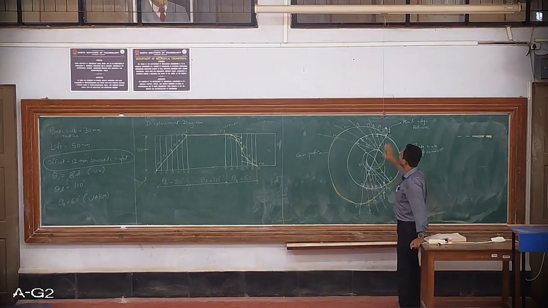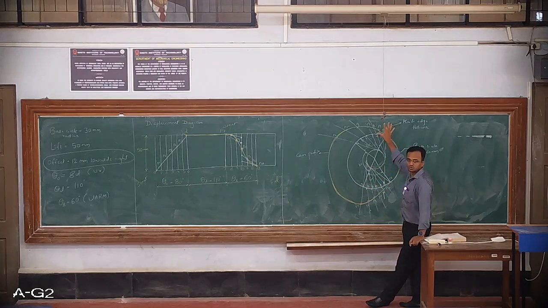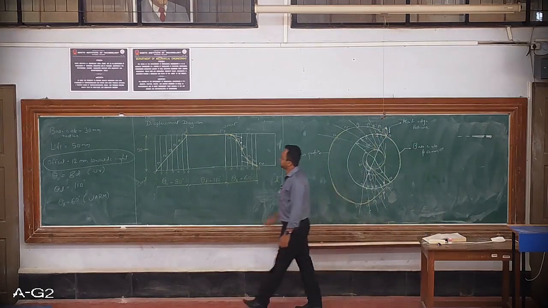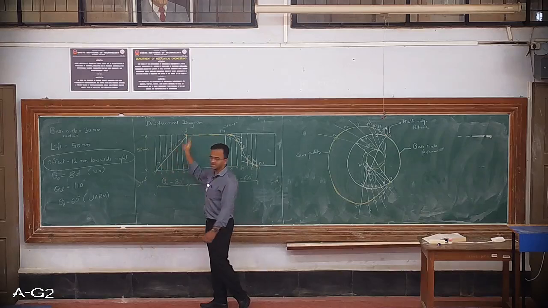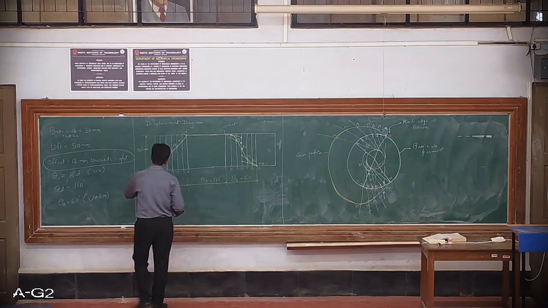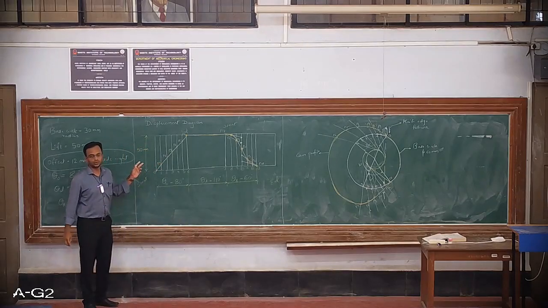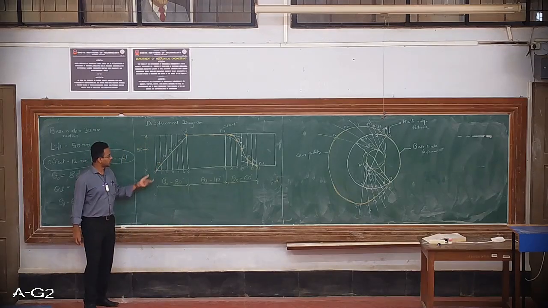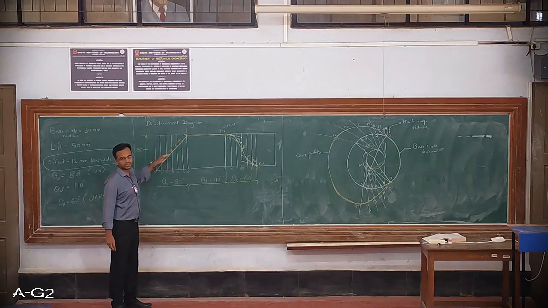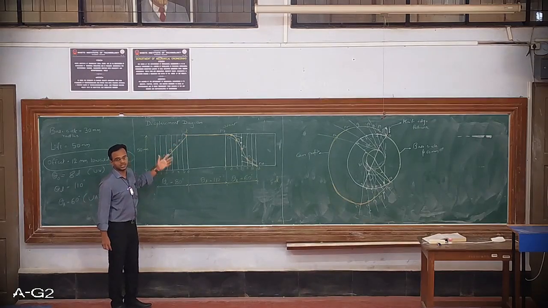One is I'll change the follower type from knife edge to roller. Second is, instead of uniform velocity, we'll now introduce cycloidal type of displacement of the follower. So if the cycloidal follower displacement is given, then what changes will be incorporated in this displacement diagram, we'll be seeing in the next class.